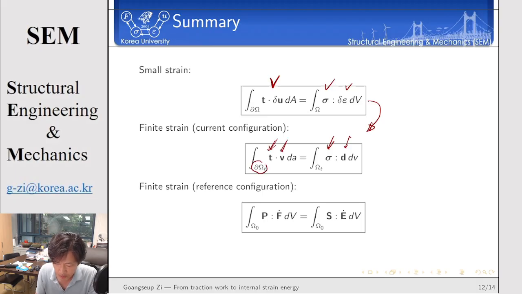This is the deformed configuration, and every time we need to deal with a different configuration. And then we can do the same thing with respect to the reference configuration before deformation. Depending on the application, we can use the first Piola-Kirchhoff stress, so-called nominal stress, or the second Piola-Kirchhoff stress. In this case, the second Piola-Kirchhoff stress is symmetric. That is the benefit of using that. Okay, this is what I prepared in this slide.